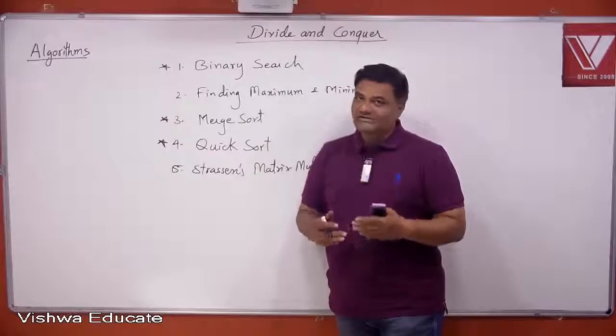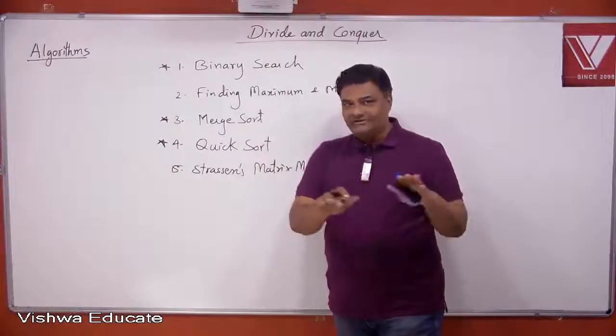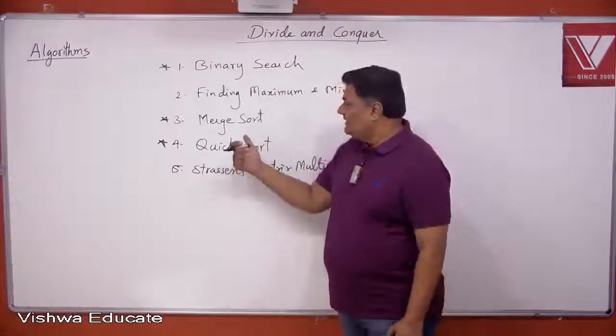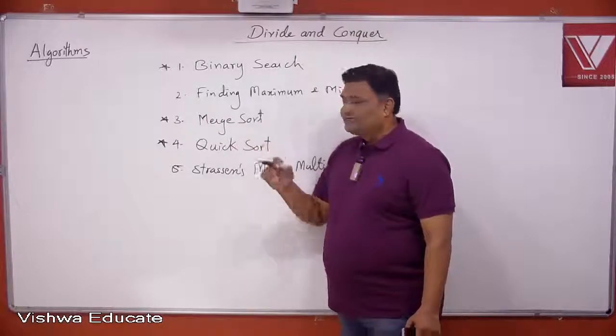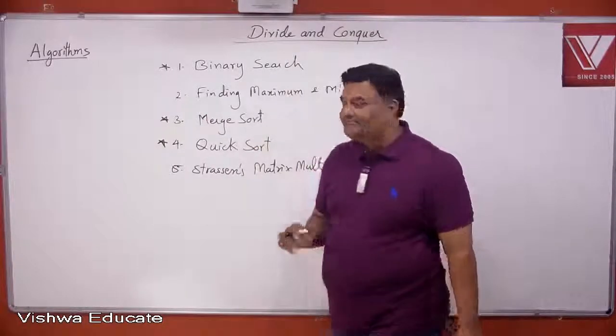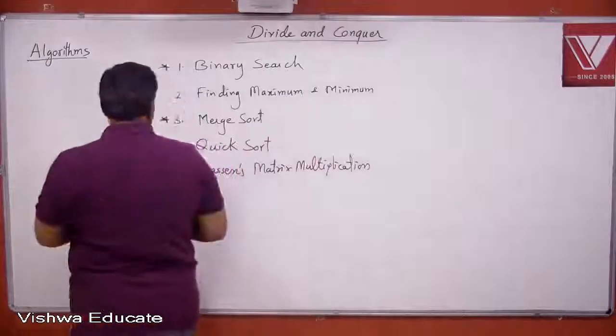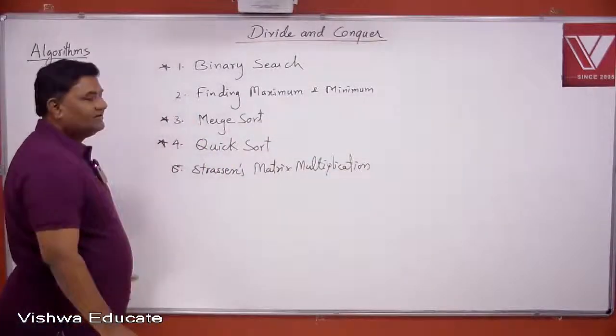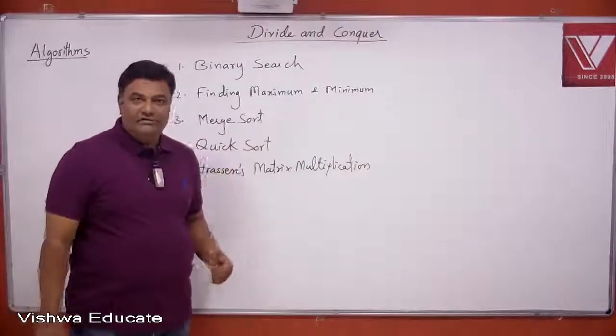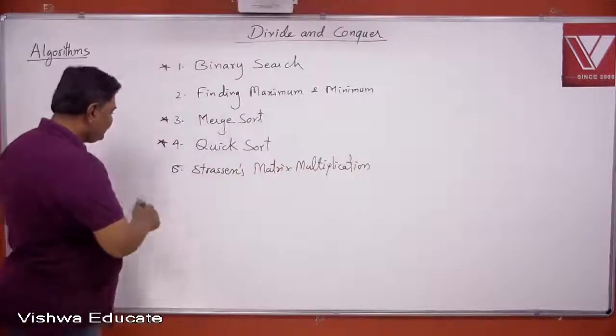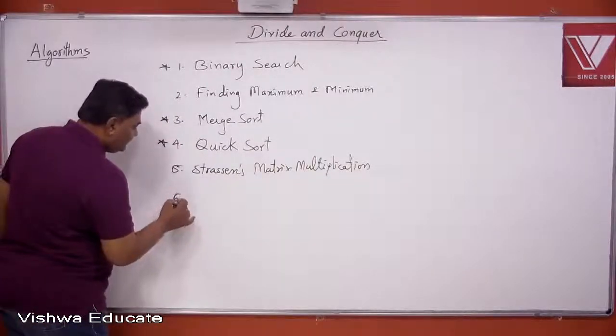By using binary search, I will proceed with the topic and I will finish the topic. Then we'll come back and study merge sort and quick sort. These two things we will study. So with the help of binary search, we will start another topic, a part of divide and conquer only. So what is that? I will list here, separately.